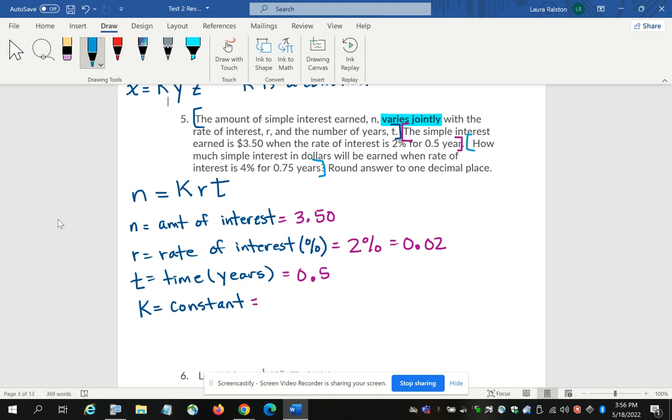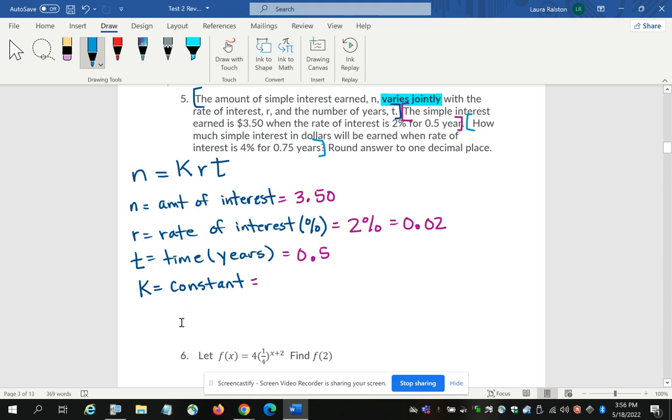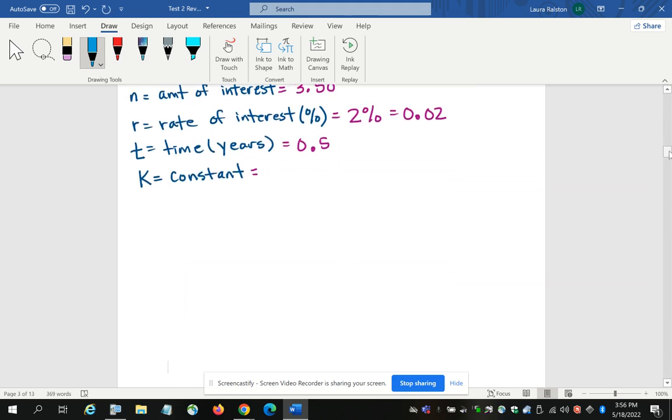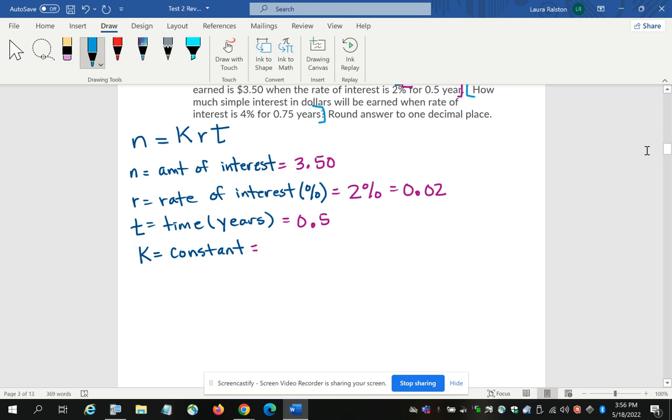You have to first use the generic formula and the information given to find the constant to create a specific formula that we're then going to apply. Okay, so make sure you go far enough when you're working through the problem. So my first step here is going to be to find the value of my constant. So I'm going to plug into my generic formula.